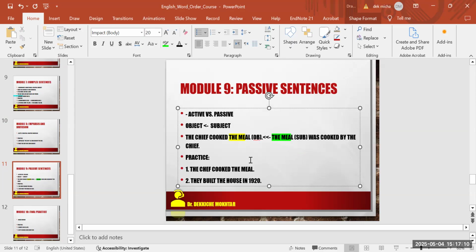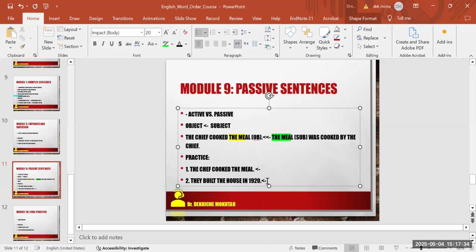So in practice, change the following sentence to the passive voice. The chef cooked the meal, which is the first. Let's do the second one: they built the house in 1920.